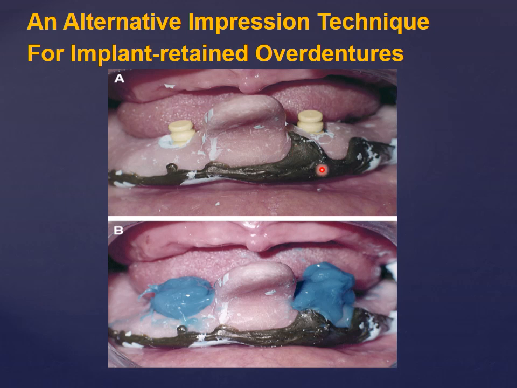According to the system we use for these implants, we can use the special tray or custom tray, and after doing the border molding with tracing impression compound and taking the impression for the edentulous area, we can put this coping over the implant and take it with a light cure elastic impression material.